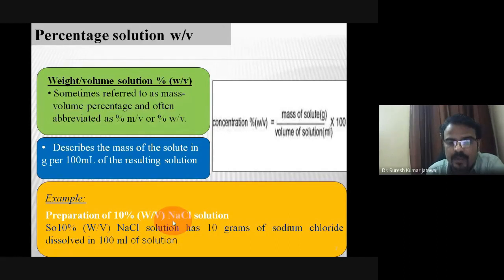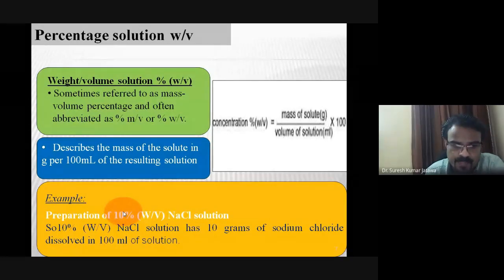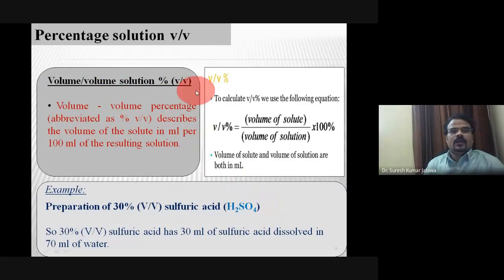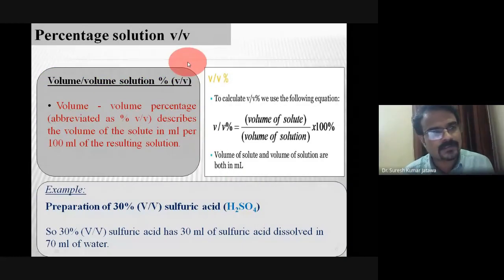If you are preparing 100 ml, then your percent means 100. If you are preparing more solution, you prepare according to that volume. So the 10% NaCl solution has 10 grams of sodium chloride dissolved in 100 ml of total solution. It is a very important thing.